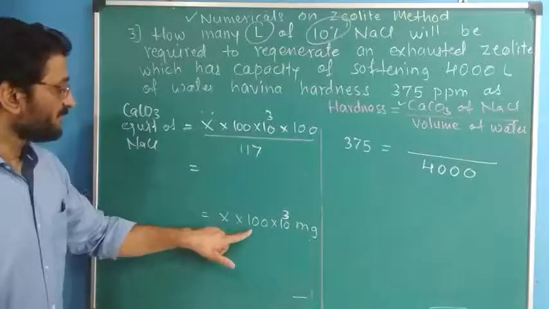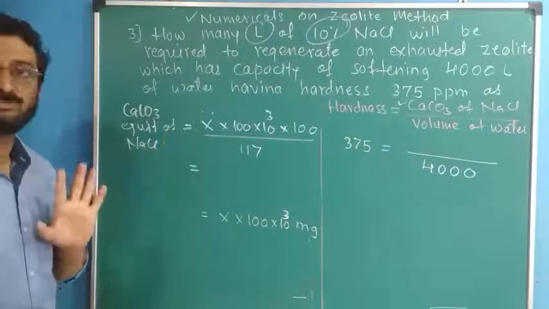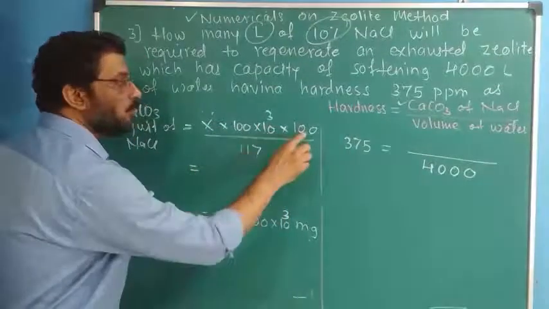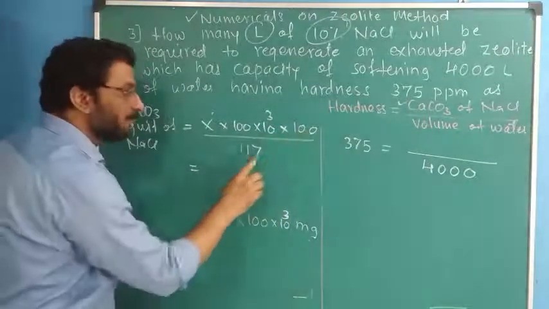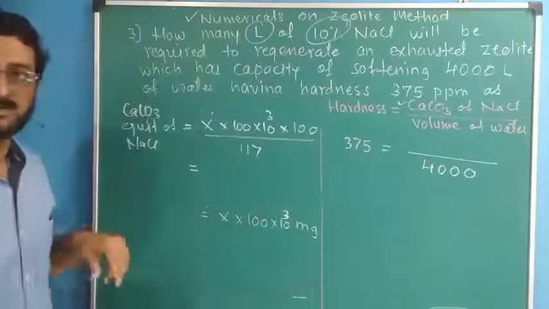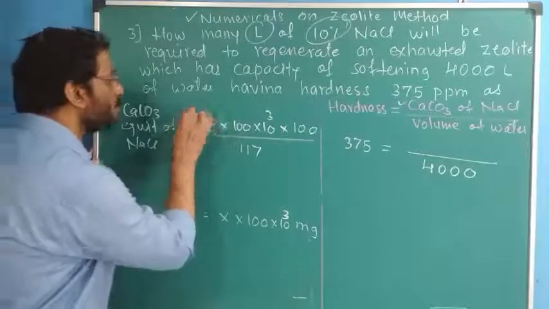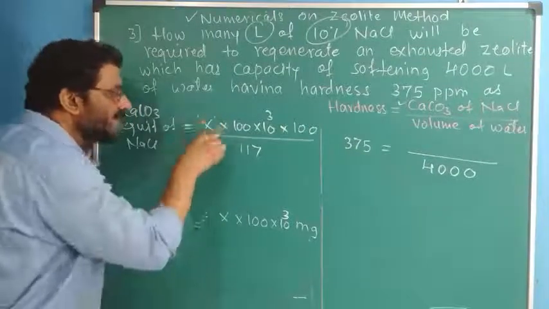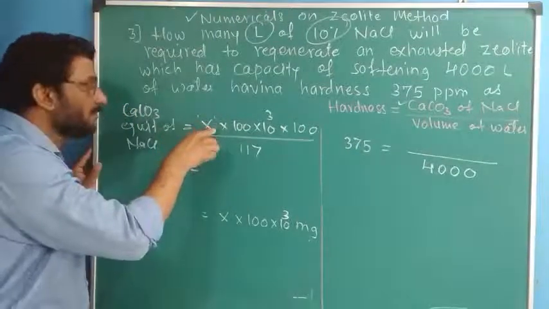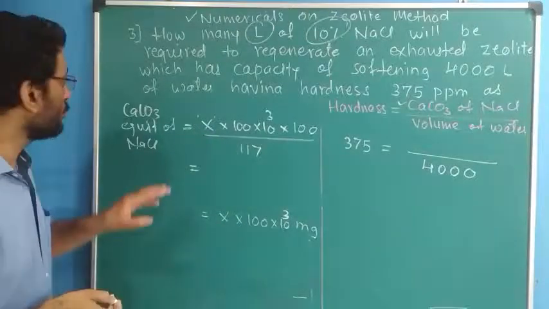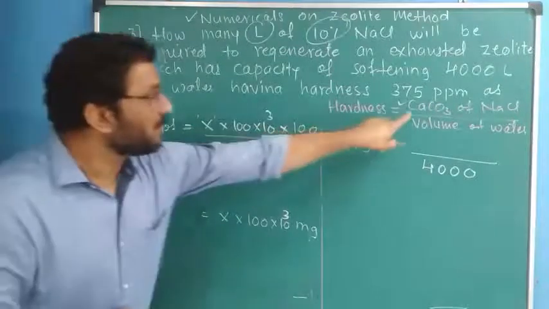We have taken this NaCl in the form of CaCO3 equivalent: weight of NaCl, this, into molecular weight of CaCO3, upon 2 equivalent of Na plus, means 2 into 58.5. From that we have to find out this X. X is per liter 100 gram NaCl. So simply put this value here.